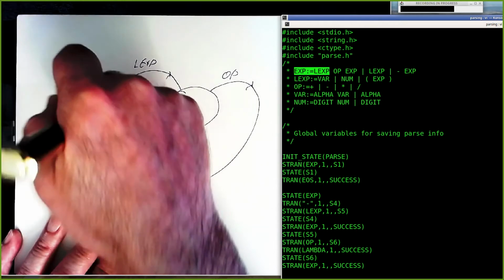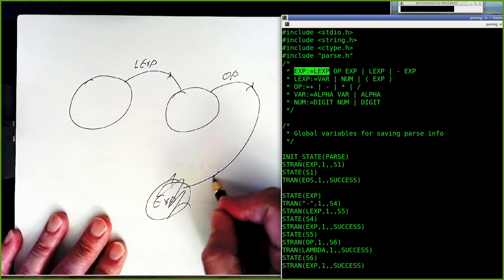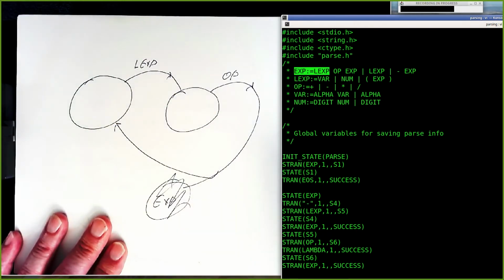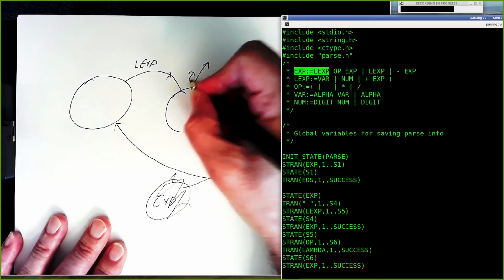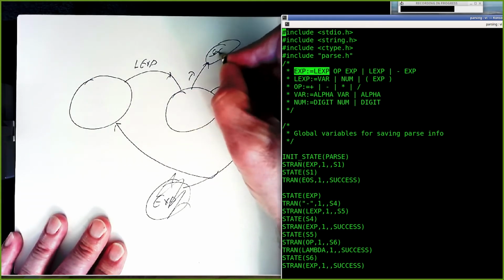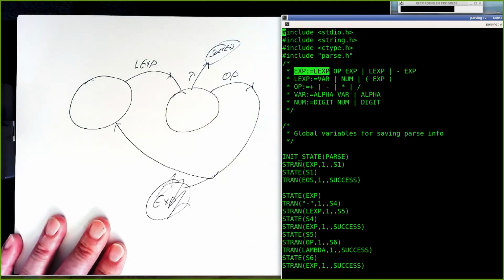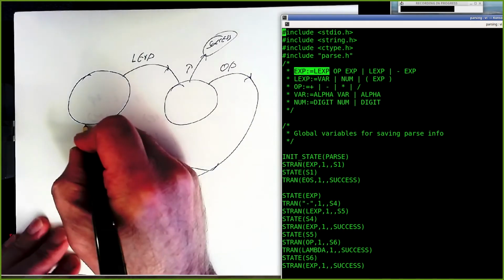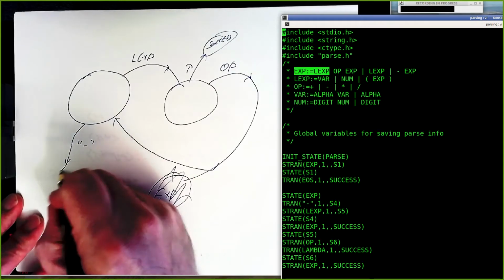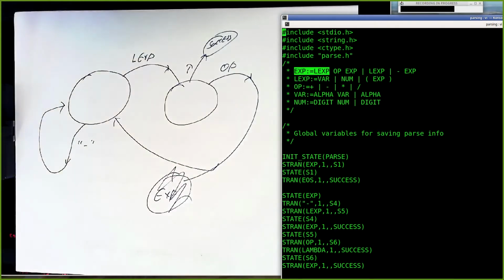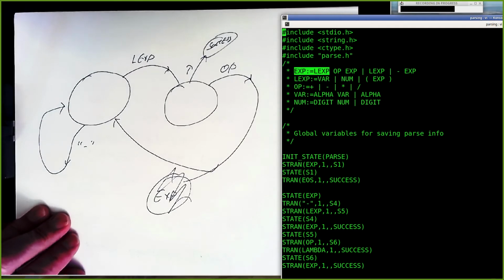Well, this is the block where I'm looking for an expression, so I can really go back in here. And if I find an expression and I don't have an operator, right, I could sort of say, you know, this is a success state because I found a left expression. Or if I'm looking for an expression and I find a minus sign, I could go into a state that says, okay, now let's look for an expression. So yes, state machines are back.